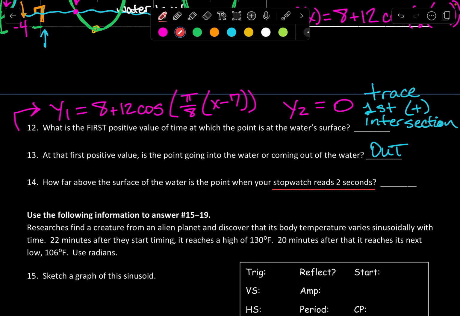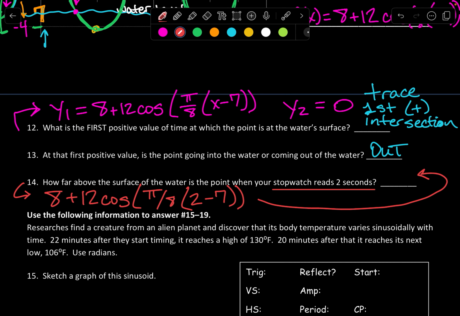All I need to do is in my calculator, clear out of the graph and go to my regular calculator mode, and I need to do 8 plus 12 cosine pi over 8, and instead of x, I'm going to put 2 minus 7. That should give you the solution. Make sure you round to 3 decimal places.